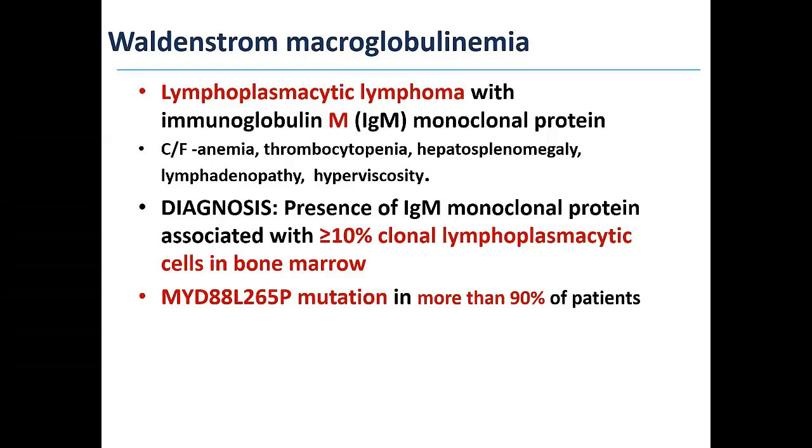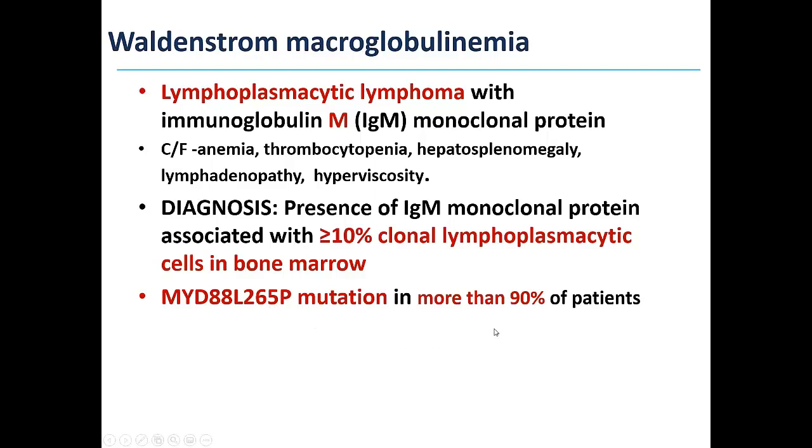How do we make a diagnosis? First thing is that two things. One is more than 10% clonal lymphoplasmacytic cells in the bone marrow. That is number one. Second is to demonstrate the secretion of IgM monoclonal protein. Third, which is now very, very important, is MYD88 L265P mutation.